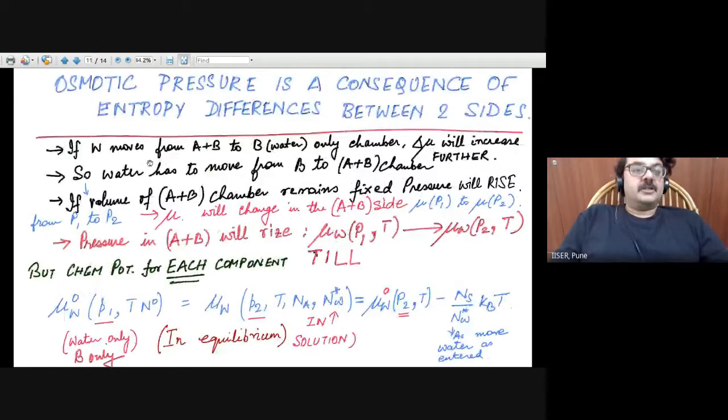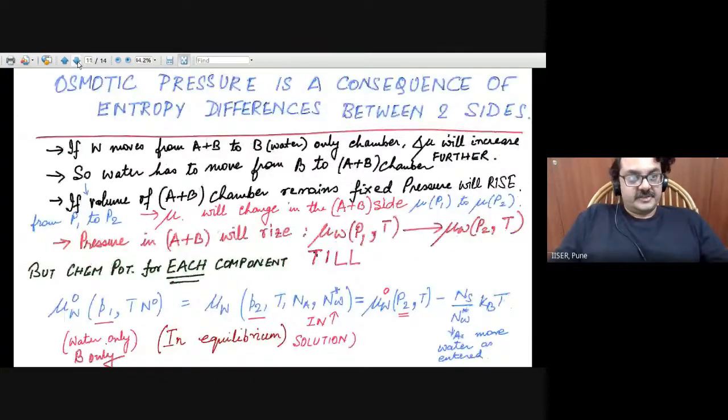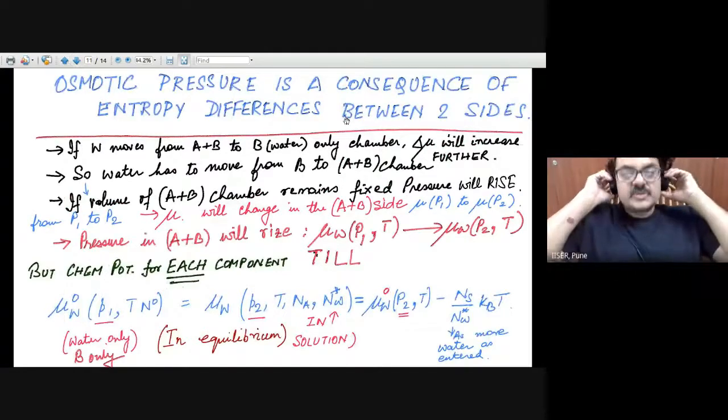So water molecules go from this chamber to that chamber to increase the pressure of this chamber. As a consequence, you have osmotic pressure, and this is coming essentially from entropic terms. So osmotic pressure is a consequence of the entropy difference between the two sides.